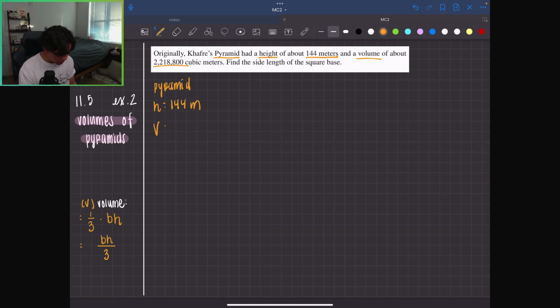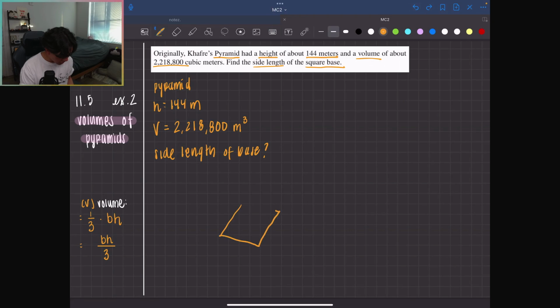And we know the volume already, which is 2,218,800 meters cubed. And what are we trying to find? We're trying to find the side length of the base. And what about the side length? We know that it is a square base. Cool thing about squares is that all of the side lengths are the same.